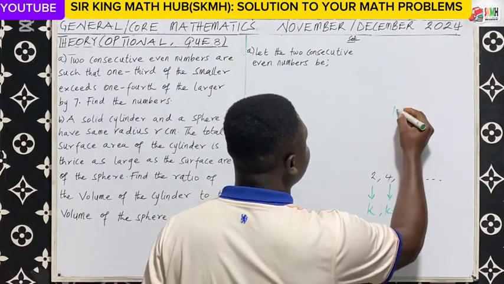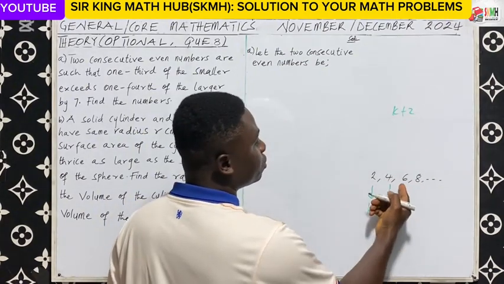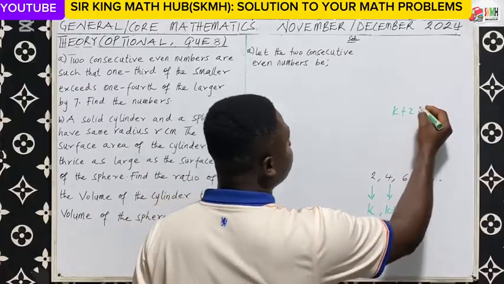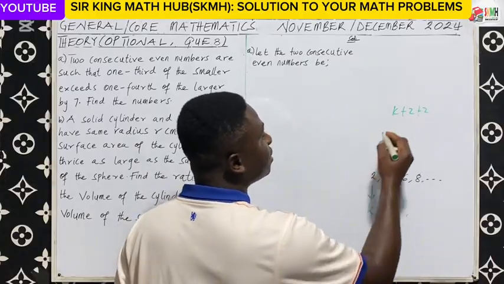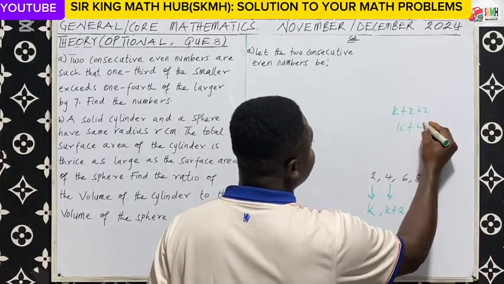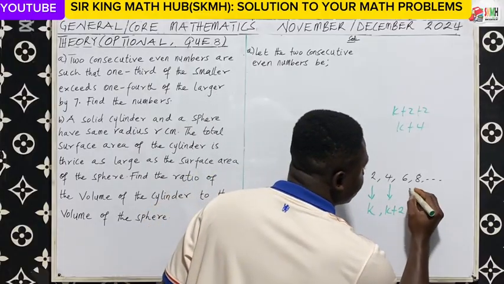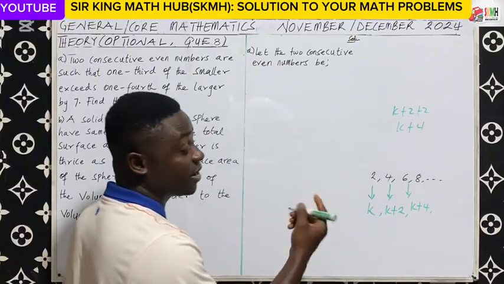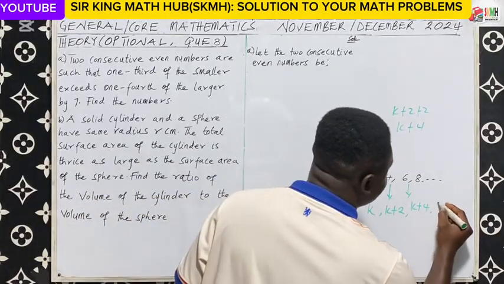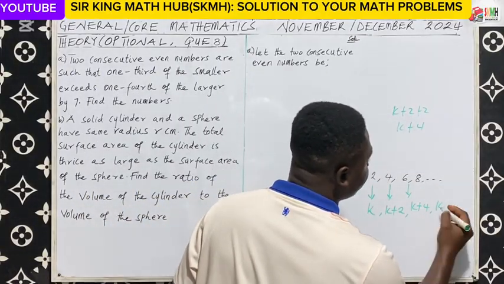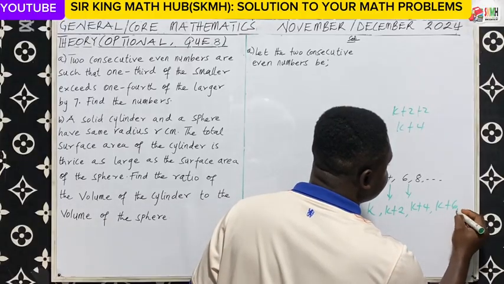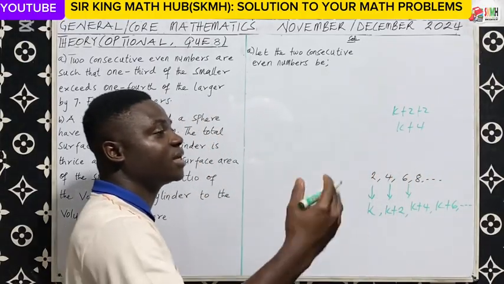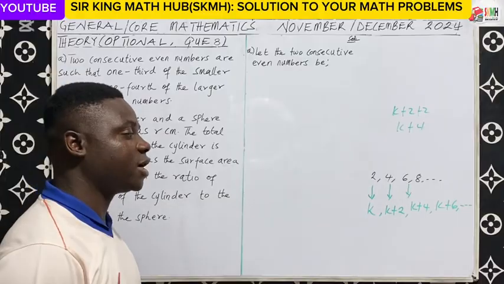The second is k plus 2, so to get to the third we add 2 to it, which simplifies as k plus 4. We can continue the pattern by adding 2 each time, giving us k plus 6, k plus 8, k plus 10, k plus 12 in that order.